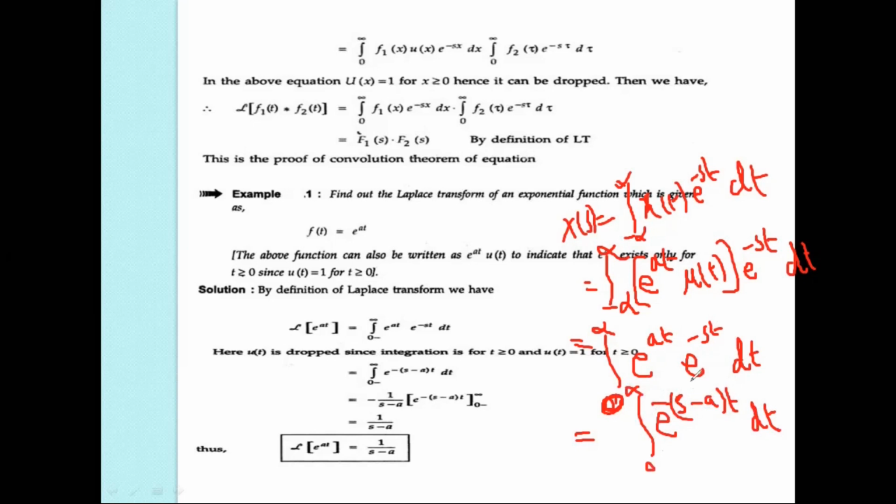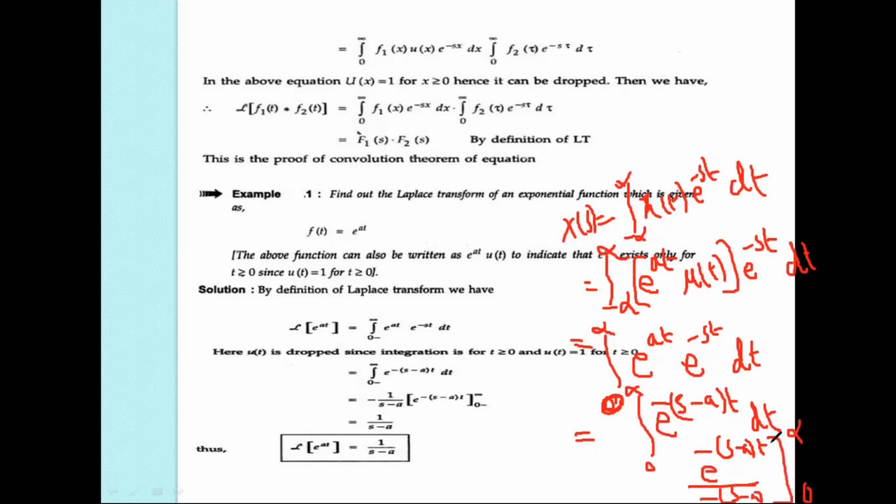Take the minus here, so minus into minus is a plus. Apply the integral for the exponential: e power minus (s minus a) into t, whole divided by minus (s minus a), with upper limit infinity and lower limit 0.